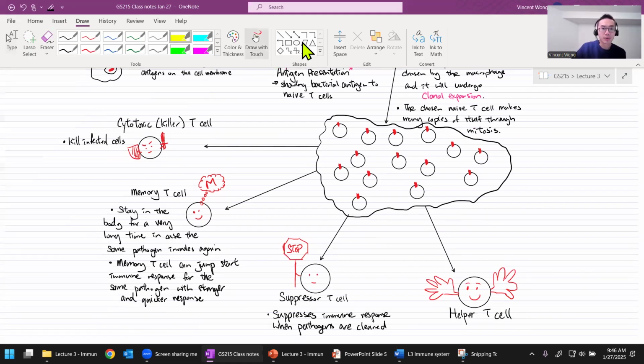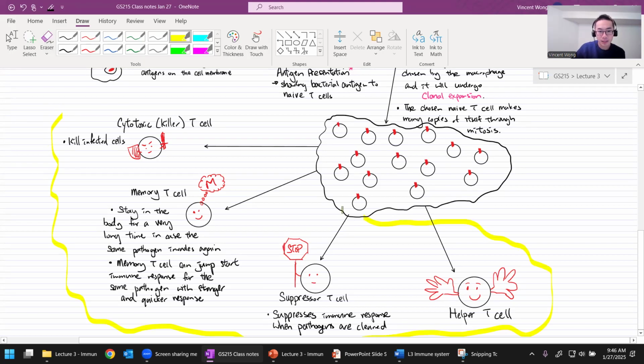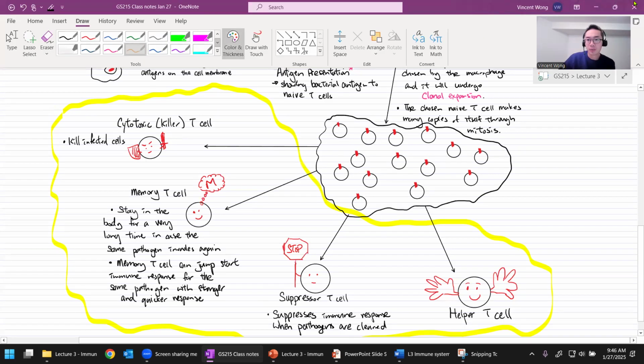This part here that involves the T cells, we have a name for this. Sorry, I gotta restart the program again.